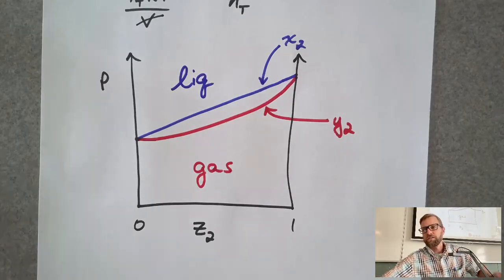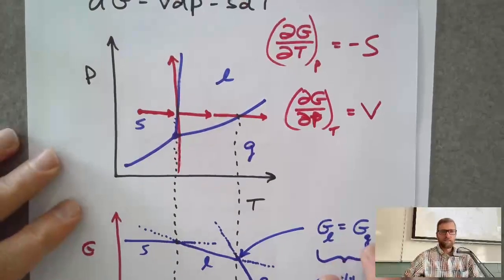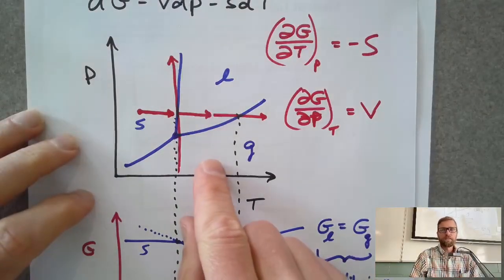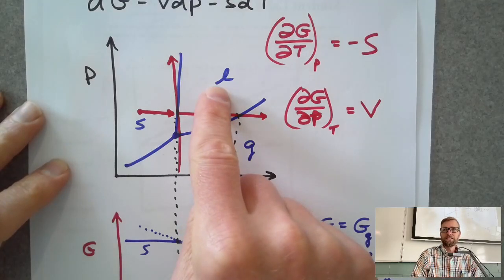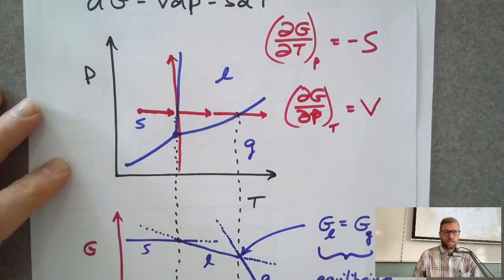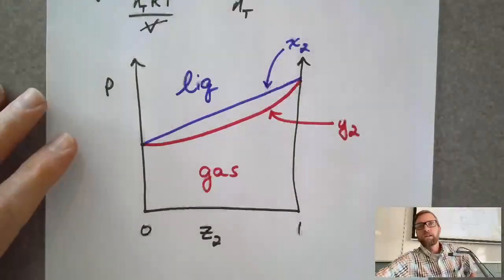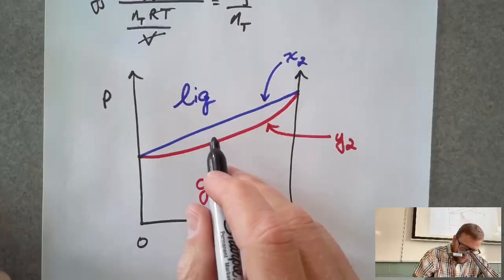Up here, this is liquid, right? And just to reiterate from our phase diagram, if I want to turn something from a gas into a liquid, I have to go up in pressure, right? I want to go up in pressure to go to a liquid. Okay, so what's in between here?